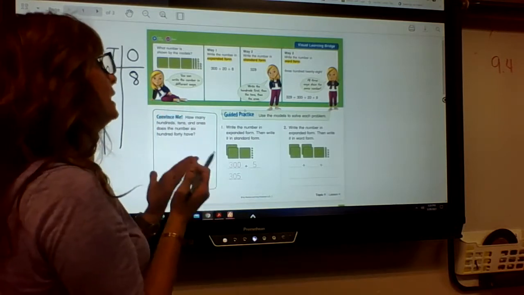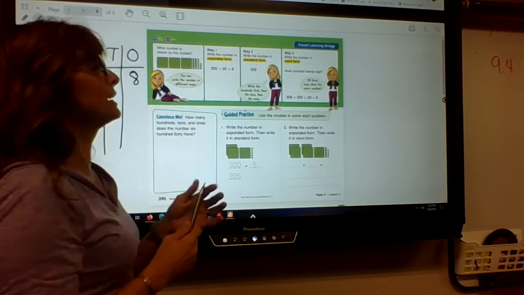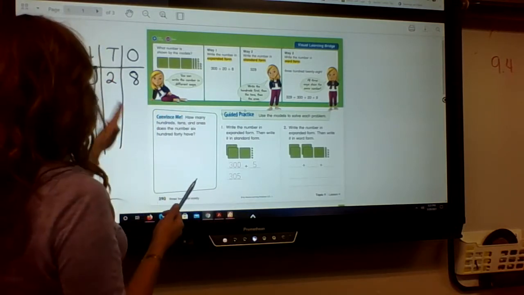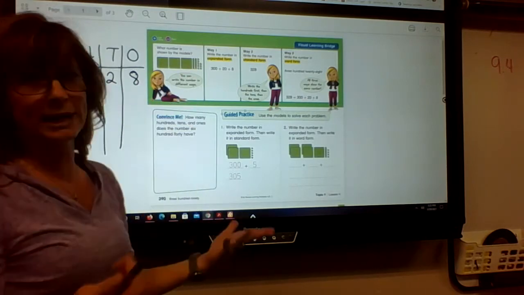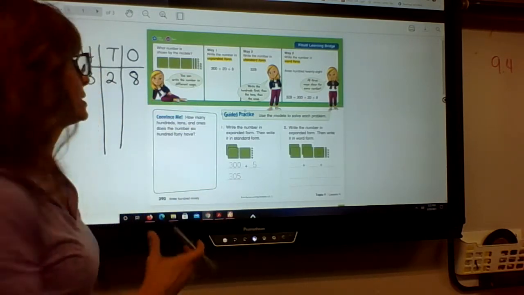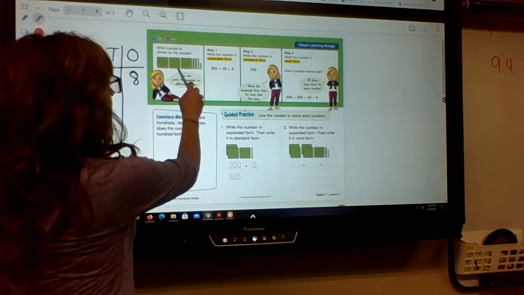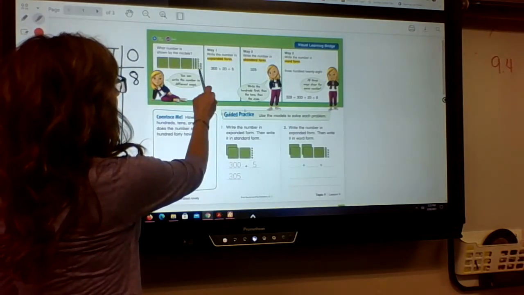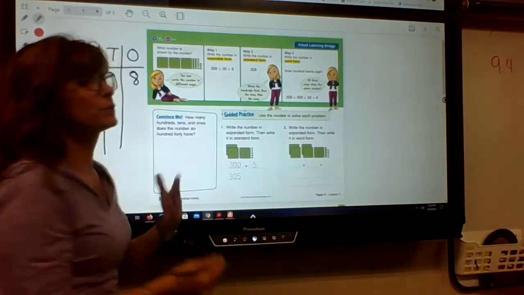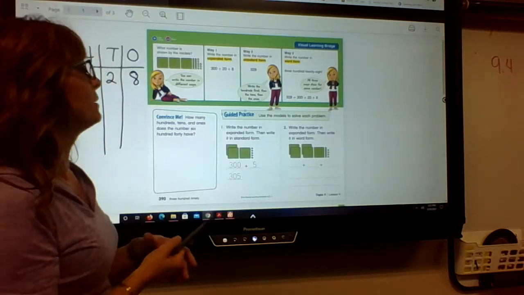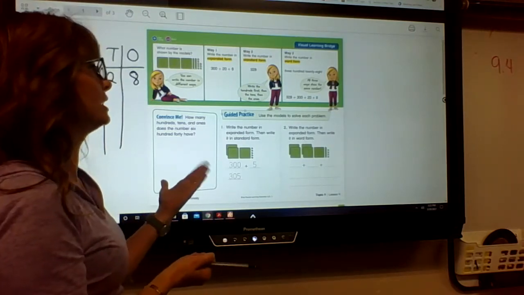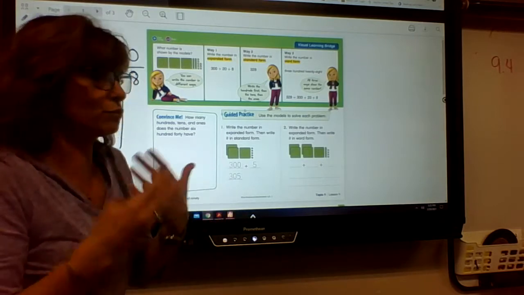So now we have way number 1. Write the number in expanded form. And this is just basically doing what we did, but writing what each place's value is. So we have 300 plus 20 plus 8. All right? So there's expanded form. And then we have another way, which is standard form. And that's just writing numbers.